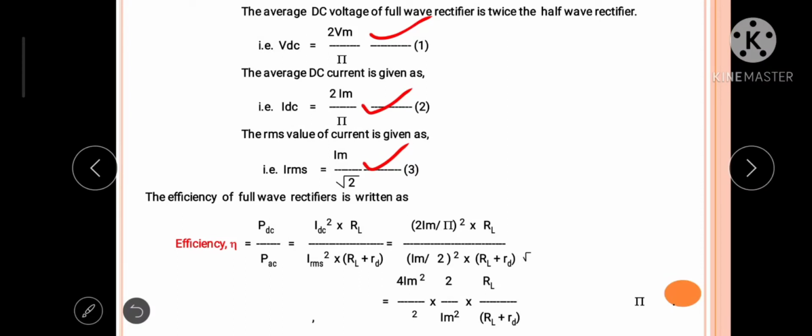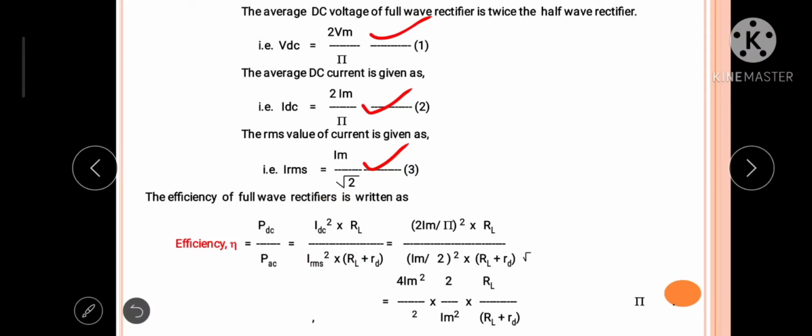So efficiency eta, as usual, is written as ratio of PDC upon PAC. The value of PDC is written in terms of current as IDC square into RL, upon PAC means IRMS square into RL plus RD.